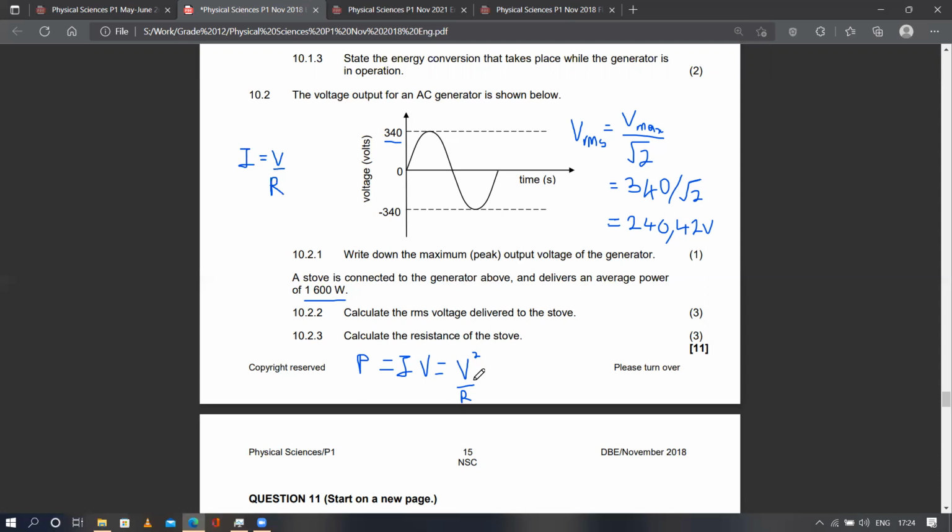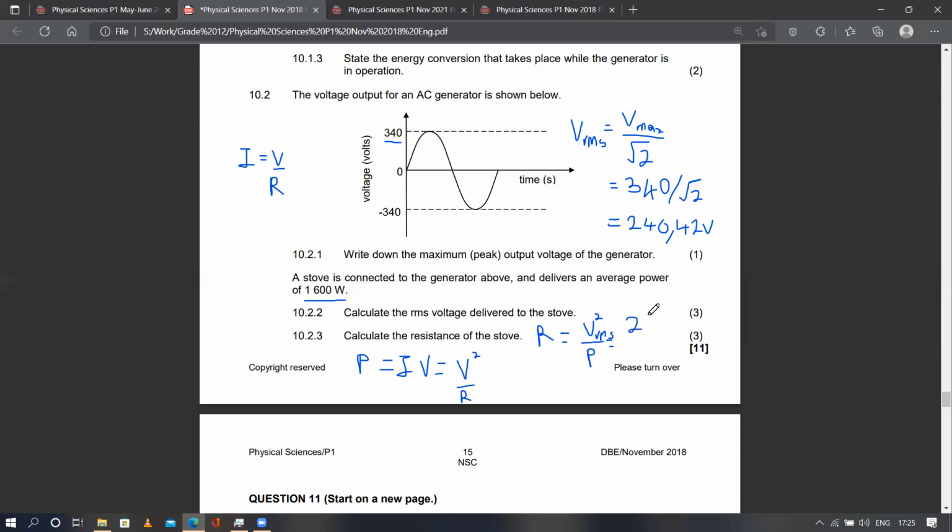When you cross multiply and make the resistance the subject of the formula, you're gonna end up with resistance equal to V squared over power. Now you're gonna use your root mean square voltage and your power.